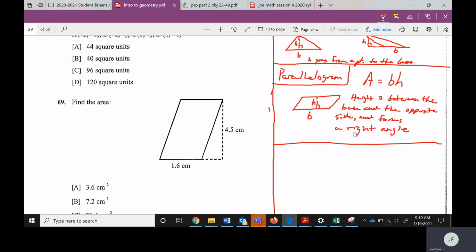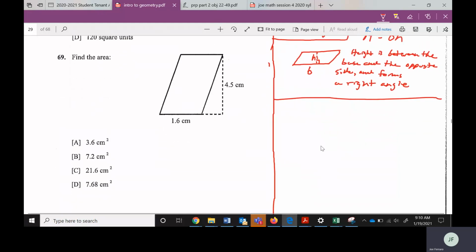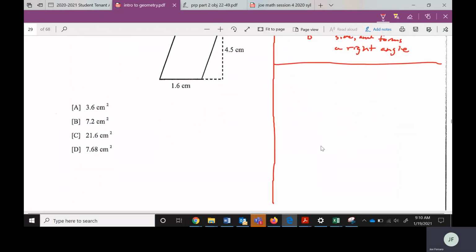And then the last one, again, I know that's hard to read there. Rewind it, listen to the words, get it written down. Last one is a trapezoid. Trapezoid is similar to a parallelogram, except a parallelogram has two sets of parallel sides.